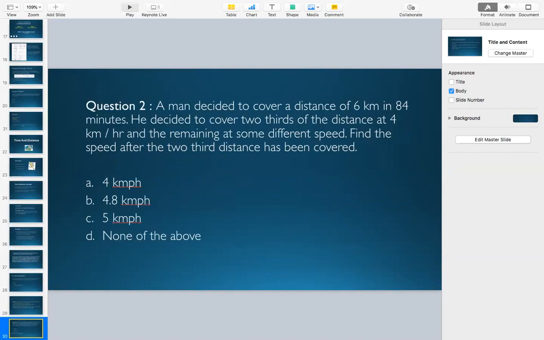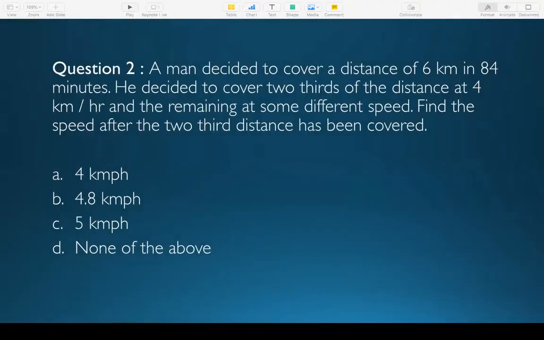Next question for you guys. You can actually try to answer this without pen and paper.